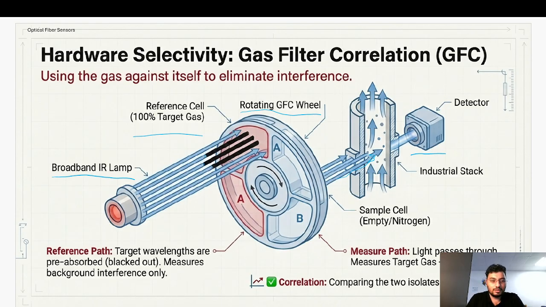This gas filter correlation is very useful to detect various gases separately, like NOx or SOx. It can also detect ammonia. For that, we need a different GFC wheel.